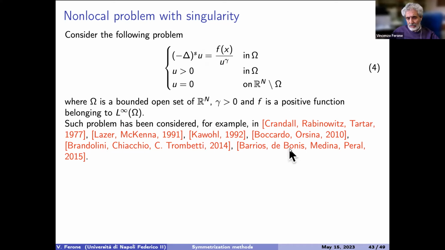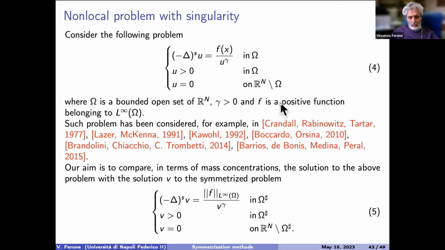And Barrios, De Bonis, Medina, Peral have studied this problem for the S Laplacian, but not symmetrization results. So the only paper among these about this problem is the last one. So the idea is to see if there is a comparison problem for this one.